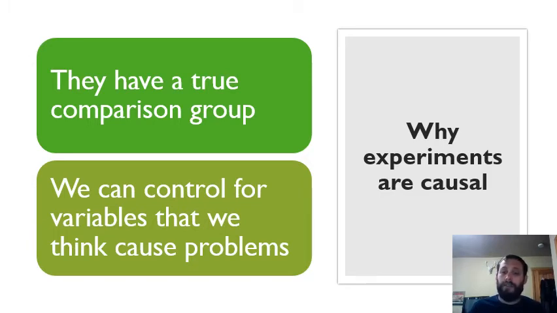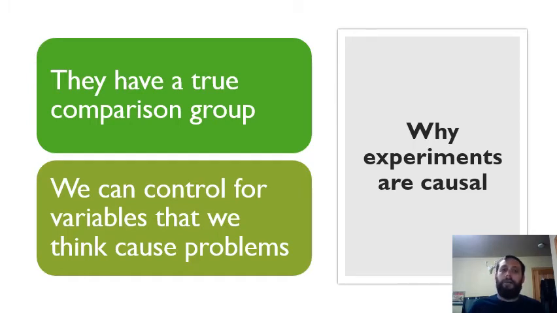For example, if we think age is a problem indicator within our study, we can just make everyone the same age or make it so that we have certain age ranges within our study so that age isn't an aspect of the study anymore that's associated with this. So we clearly know that age is associated with dying, or age is associated with depression at some point in your life.